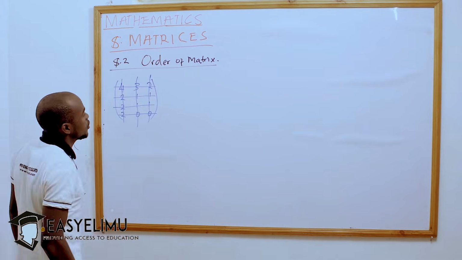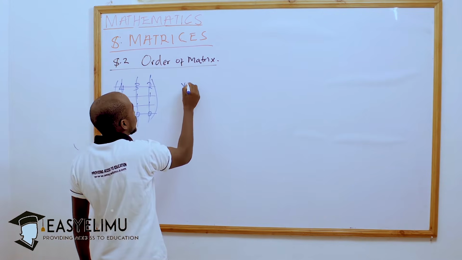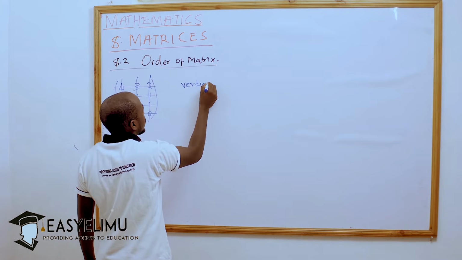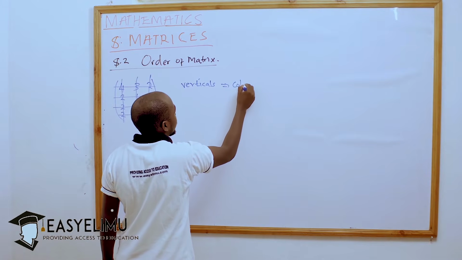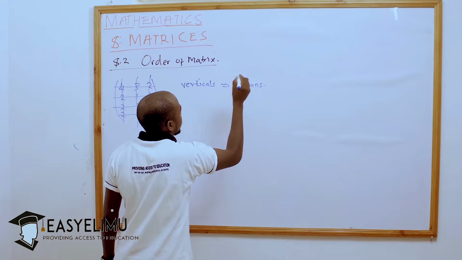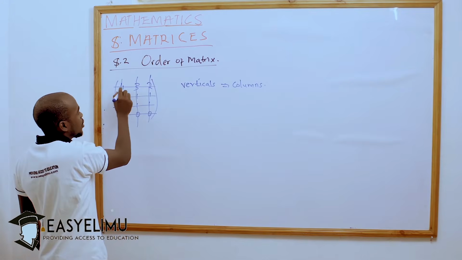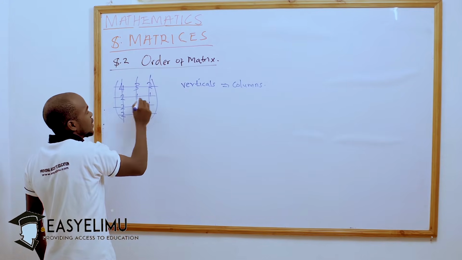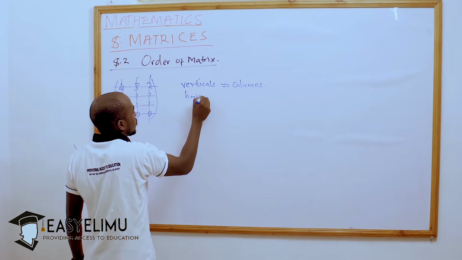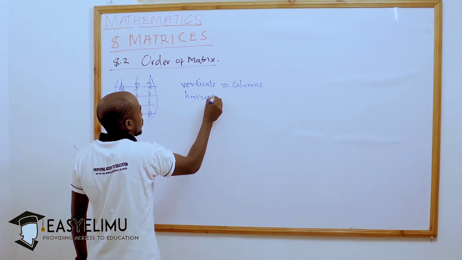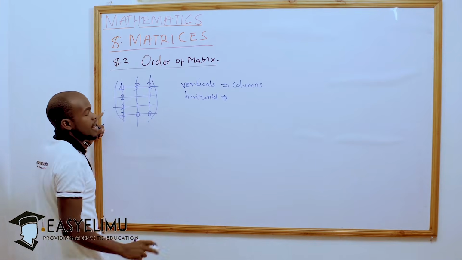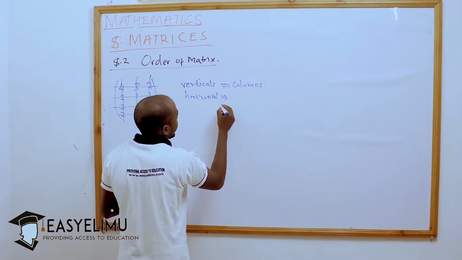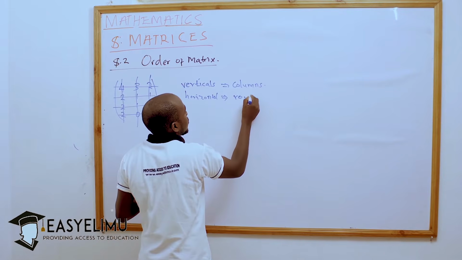These verticals, we refer to them as columns. And the horizontal ones, which are in the other direction, we refer to as rows.